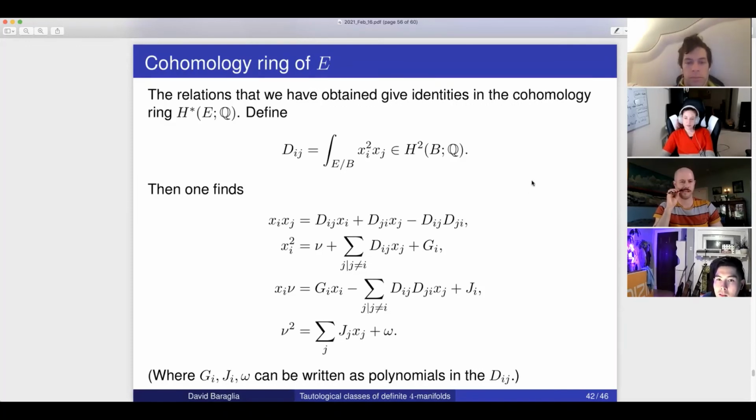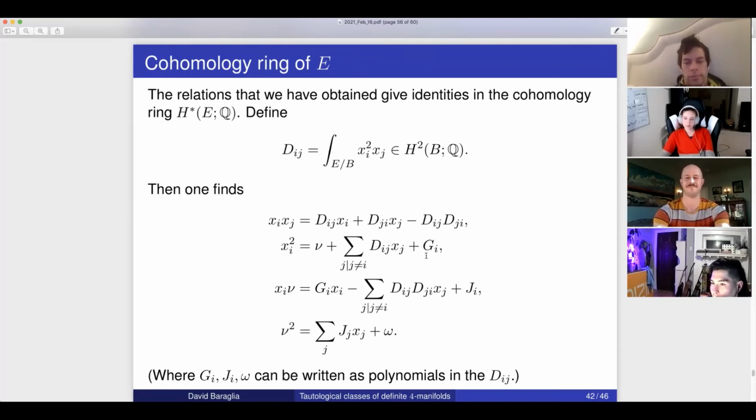And then those relations give you relations in the cohomology ring of E. So we define these classes Dij to be the integral of xi squared xj. Then you can write down the cohomology ring entirely in terms of these Dijs.